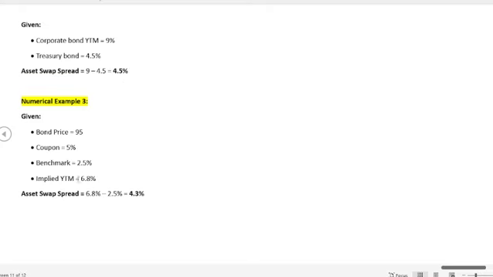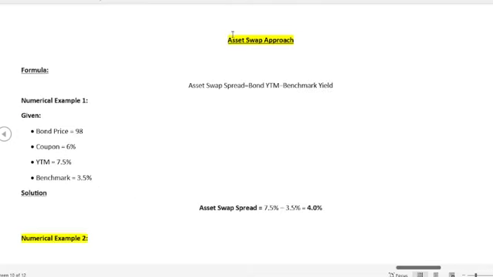Example number 3: YTM 6.8 minus benchmark 2.5 gives 4.3. This is the easiest numerical of this topic, the asset swap approach.